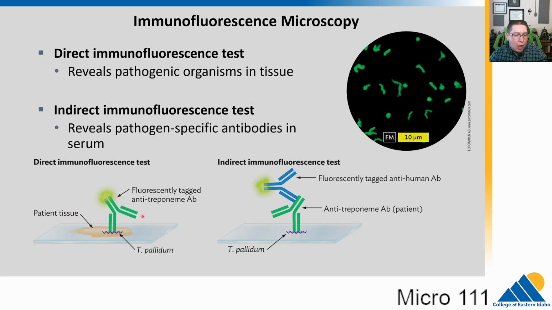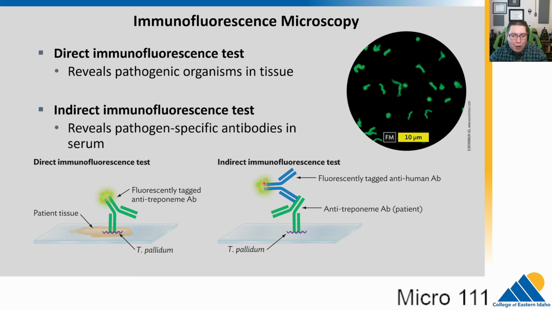This requires a lot of work because the antibody has to be made against Treponema pallidum and it has to have the fluorophore added. So there's also what we call an indirect test where we have an anti-Treponema antibody. So this would come from the patient, and then we apply an immune molecule that targets any human antibodies.